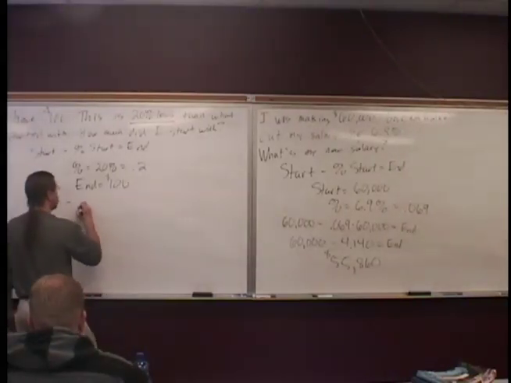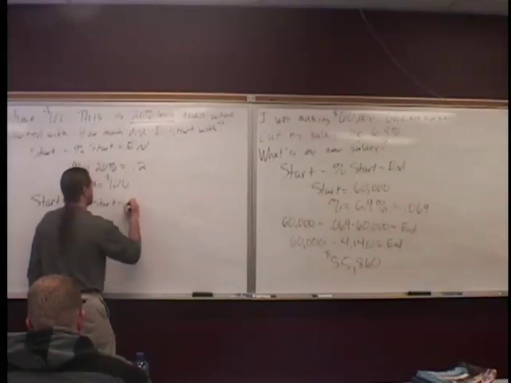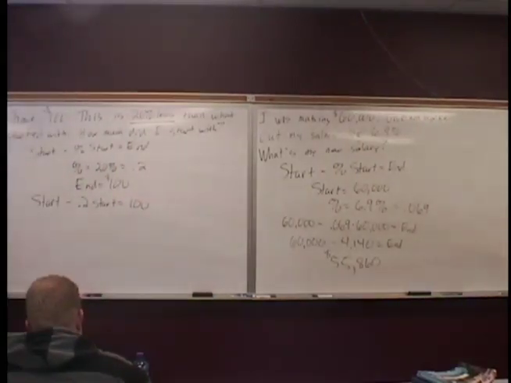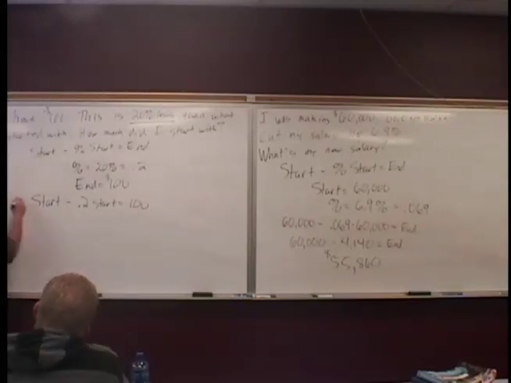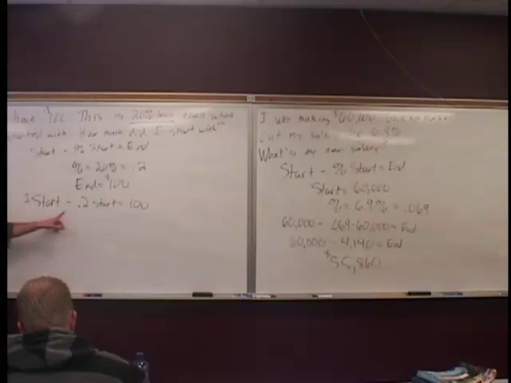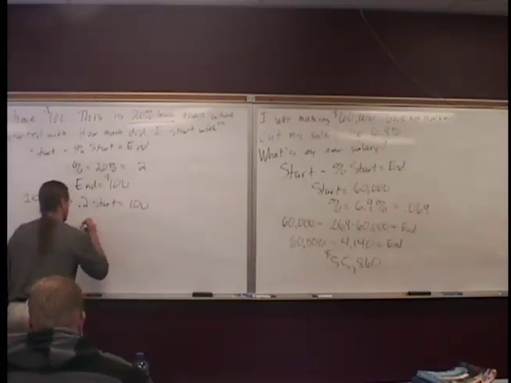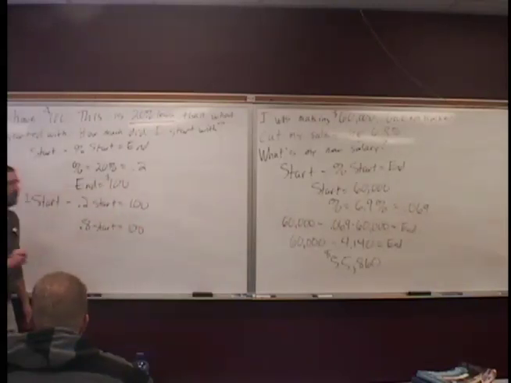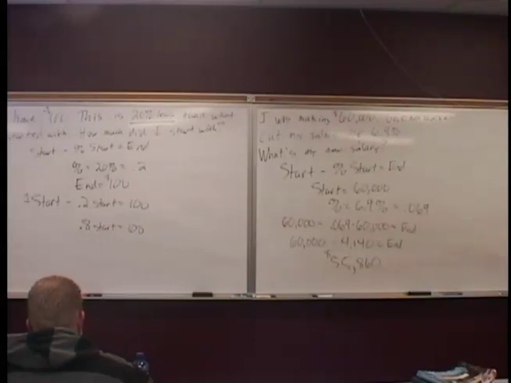Start minus 0.2 equals $100. Exactly, 1 start minus 0.2 starts. That's 0.8 times my starting value, which gives me 100.